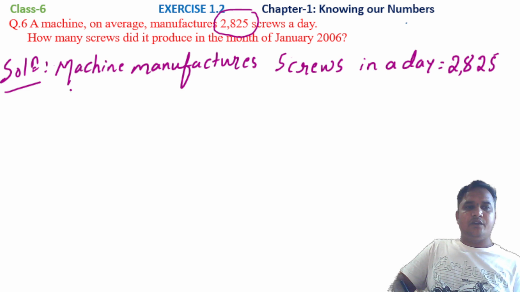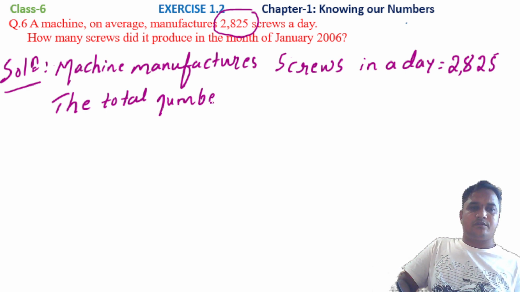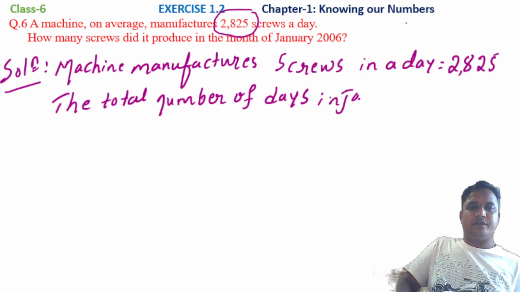We know the total number of days in the month of January is 31 days.